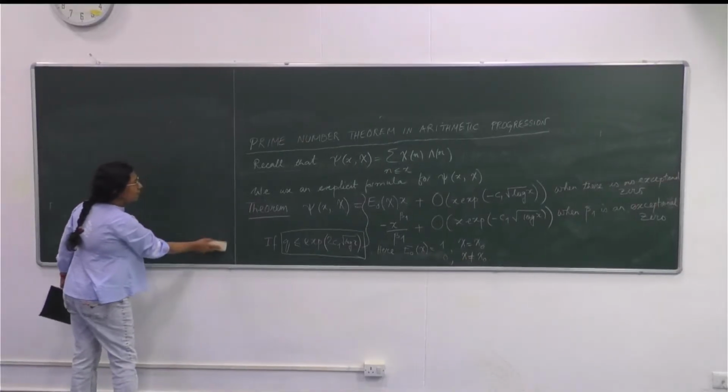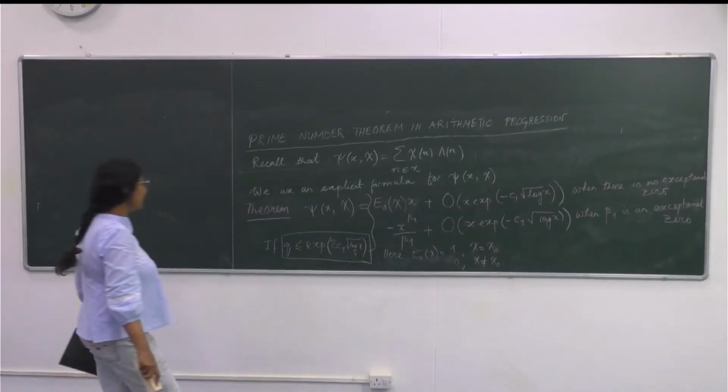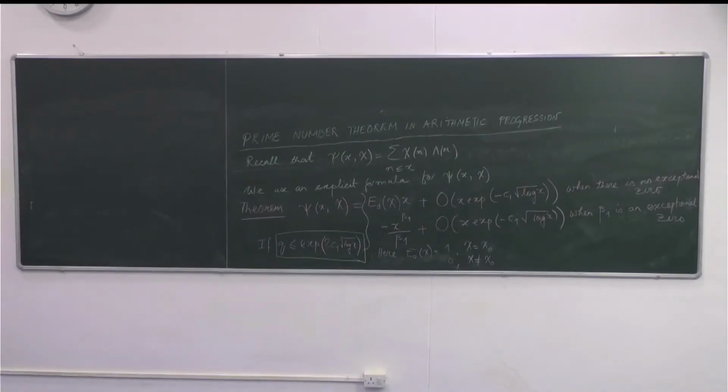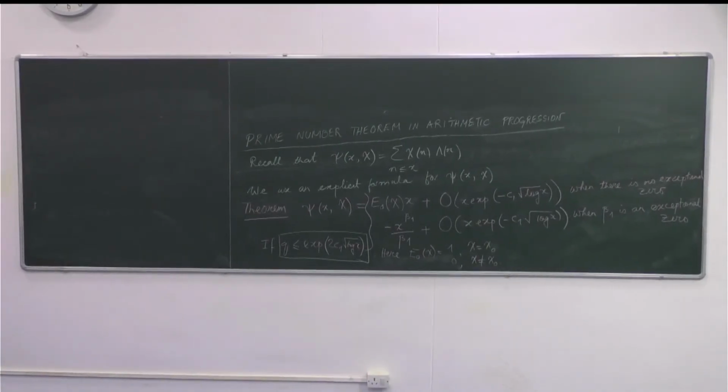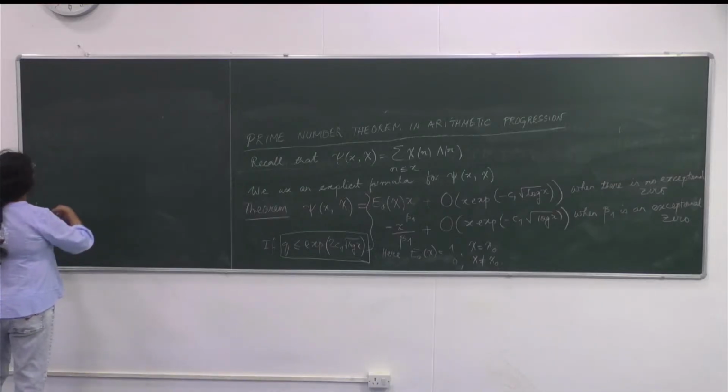If we have an explicit formula for psi x chi, from here we can get the prime number theorem, or the form with psi x q a, from which getting the prime number theorem is a trivial affair. So let us concentrate on this. Okay. So the proof.